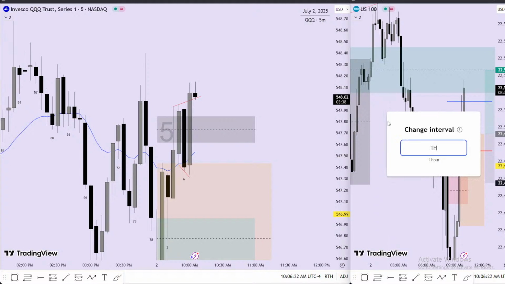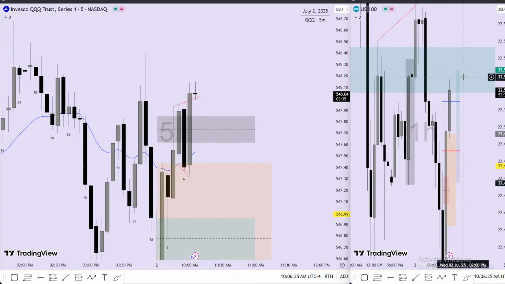Have we closed the gap on the hourly time frame? No, we have not.